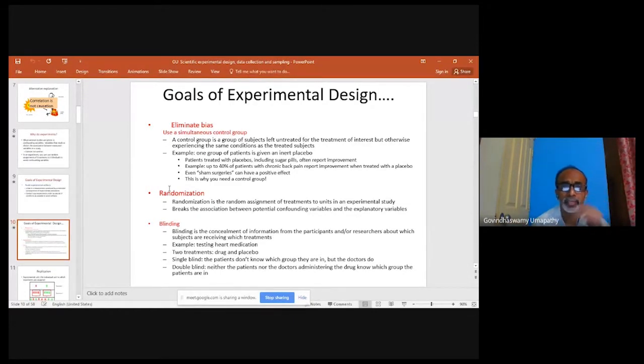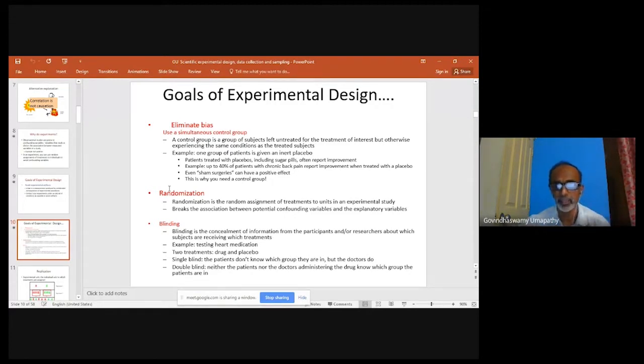Most of the time we need to have a control group. Without a control group, it is not really proper science, and your findings cannot be authenticated. For example, here, many times placebo. Patients treated with placebos, including sugar pills, often report improvement.